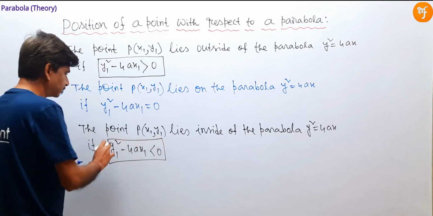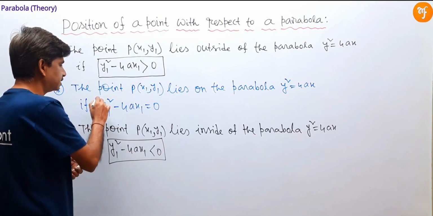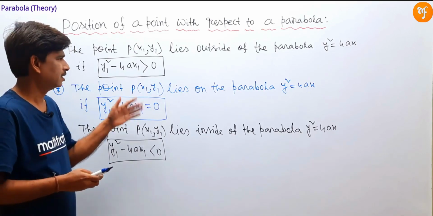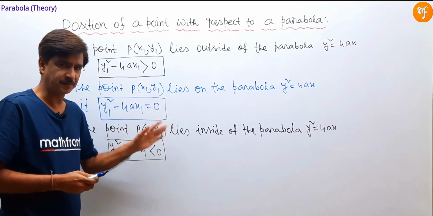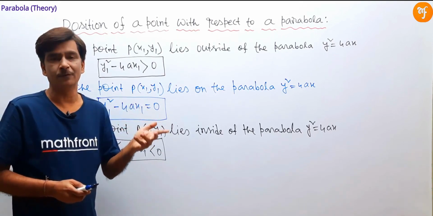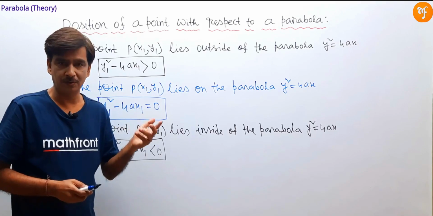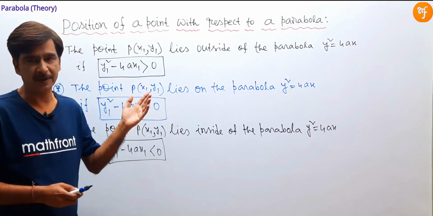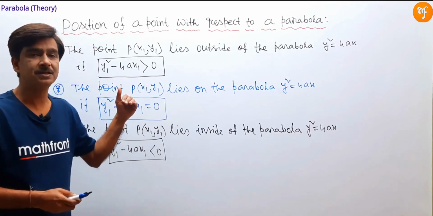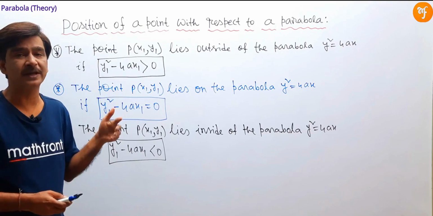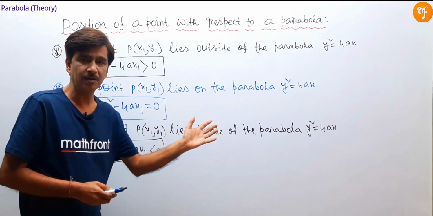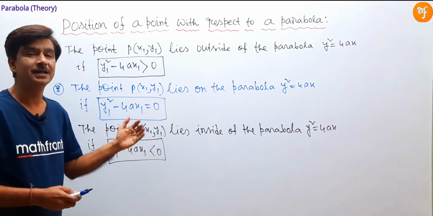Okay, clear? So these are three important conditions, very important conditions for your numericals. So please remember these three conditions. Although these conditions are very easy, they are important for your numericals. So similarly, if the parabola is x square is equal to 4ay, then the point P x1 y1 lies outside of the parabola when x1 square minus 4a y1 is greater than 0, lies on the parabola when x1 square minus 4a y1 is equal to 0, lies inside the parabola when x1 square minus 4a y1 is less than 0.